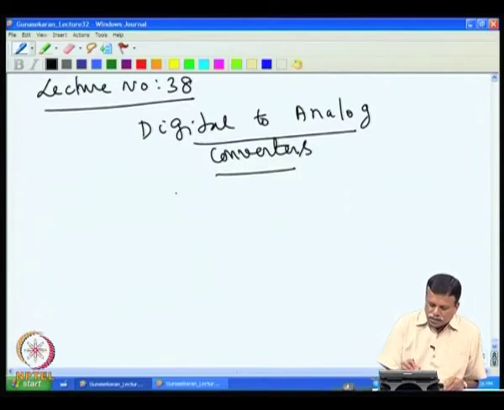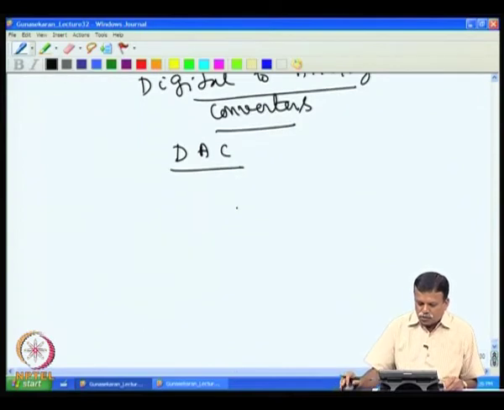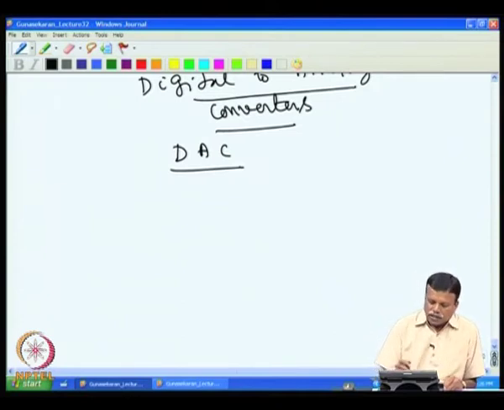Digital to analog converter, so we call it DAC. When a digital word is given, we want the equivalent analog output.